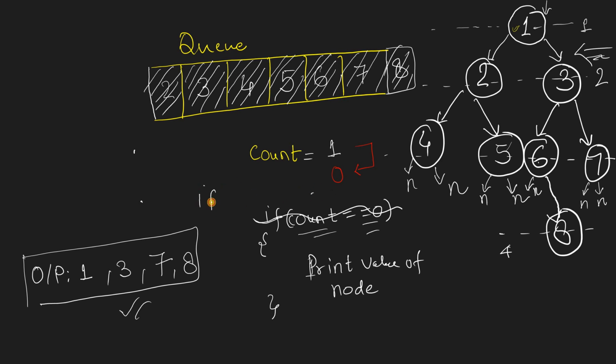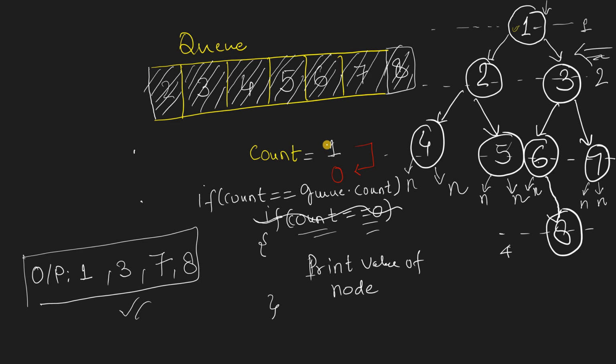So let me start with: if count equals q dot count, then we'll print the value. So only this change we have to make. In this case, when our count will be equal to q dot count, what we were doing earlier was, whenever our count became 0, we were resetting it with the number of elements in the queue.